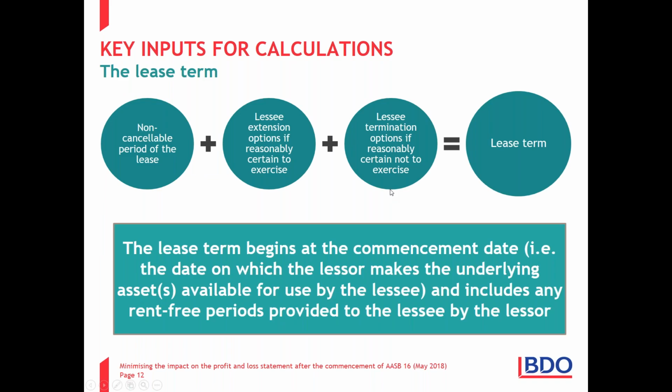So the term of the lease, as per a finance lease in the current standard, you'll be required to assess the term of the lease arrangement going forward, factoring in any likelihood for extensions.